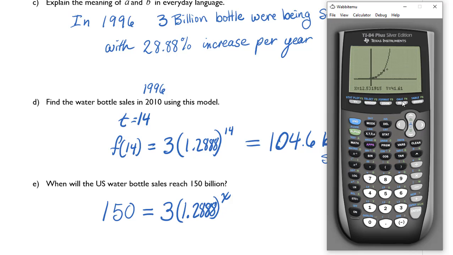I'm going to hit trace again. Just make sure that I'm actually on the curve. There we go. And I'm just going to keep going to the right. So I'm almost there. So 158 and the previous is 139.